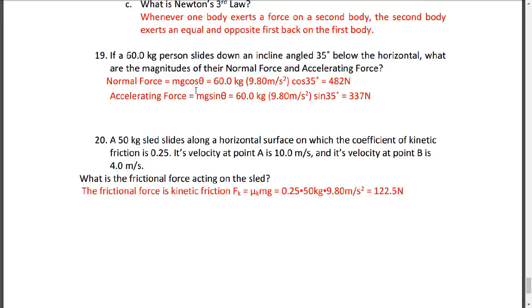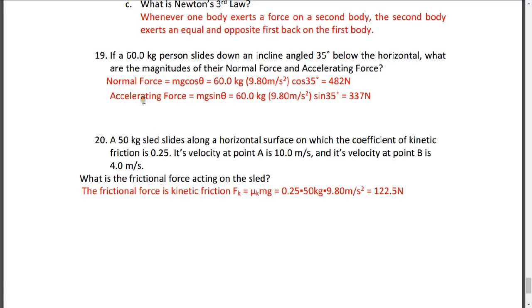Number 19 is our first and only inclined plane question on this particular practice exam. No guarantees that there won't be more questions in more detail on the real exam. But if a 60 kilogram person slides down an incline at an angle of 35 degrees below the horizontal, what are the magnitudes of the normal force and the accelerating force?